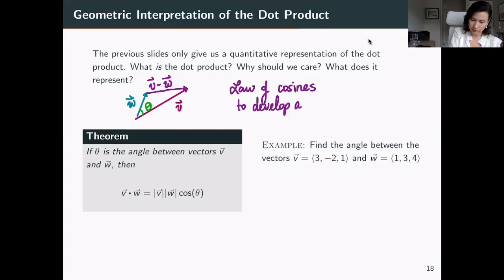That relationship is given by the following theorem, which relates the dot product to the angle between the two vectors, theta.